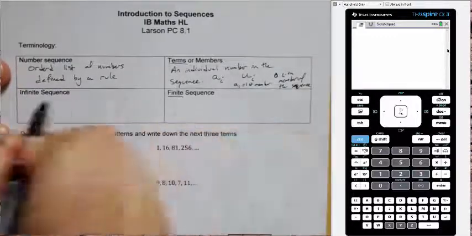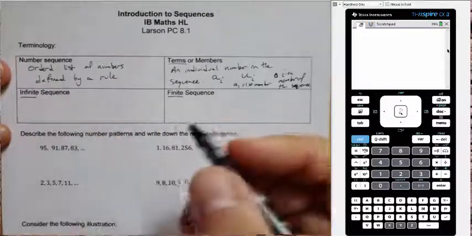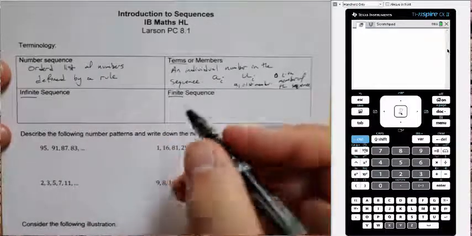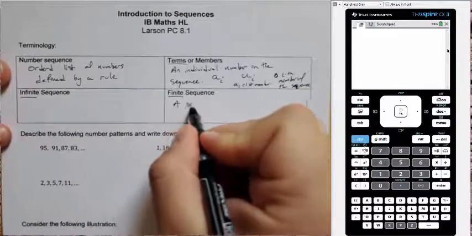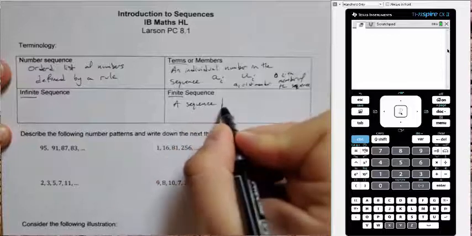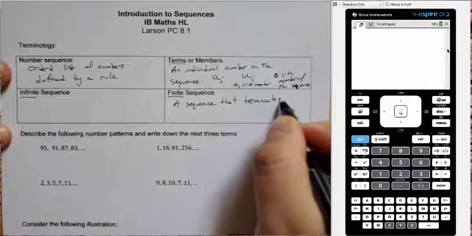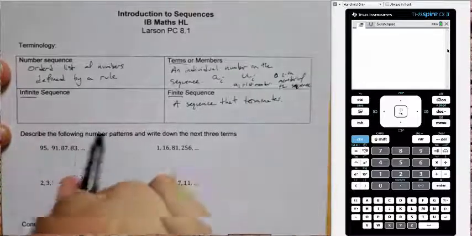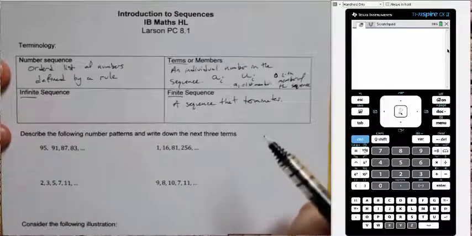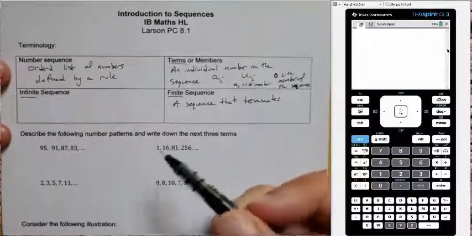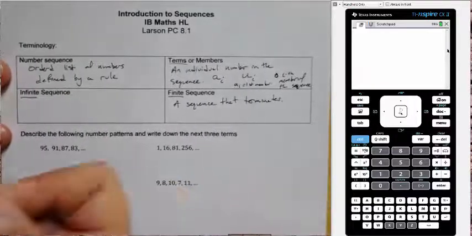Sequences can be either finite or infinite. Finite sequences are, well, they're finite, they terminate or they end. These are fine, but they're kind of boring because they always behave the same way. Namely, they stop, and if you add all the terms together, you can easily calculate what that is.